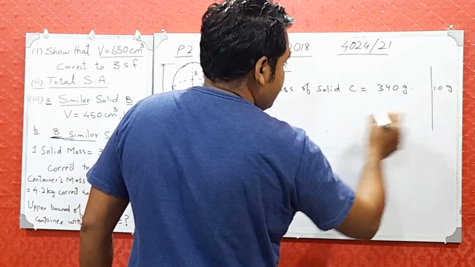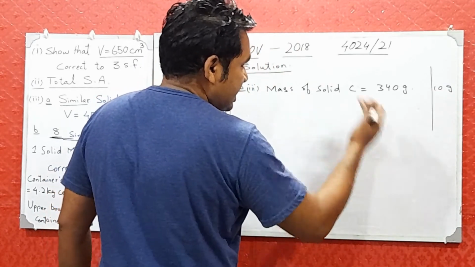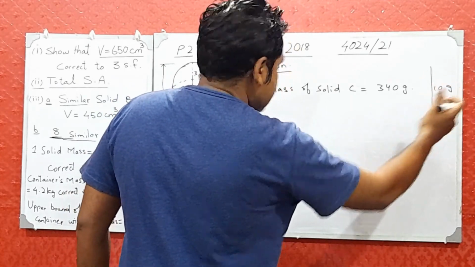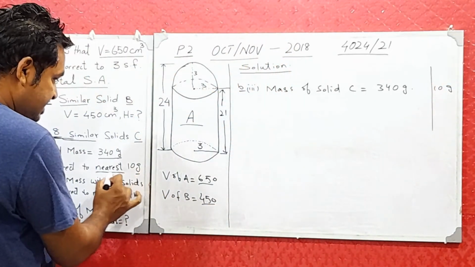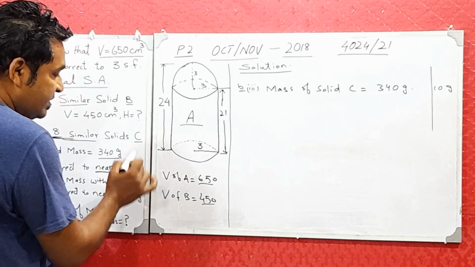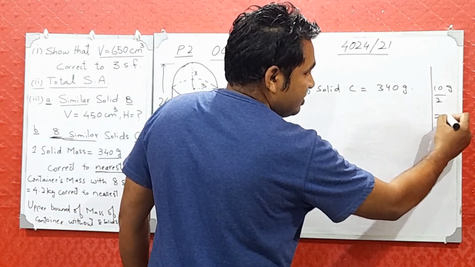When we find the upper and lower bound of any number, the number which is given after nearest, we always divide it by 2. So when you divide it by 2, you get 5.